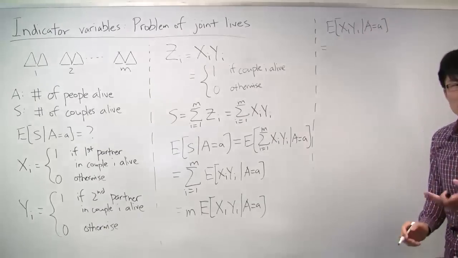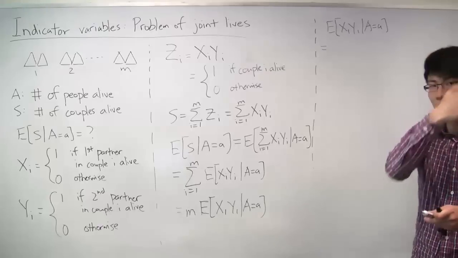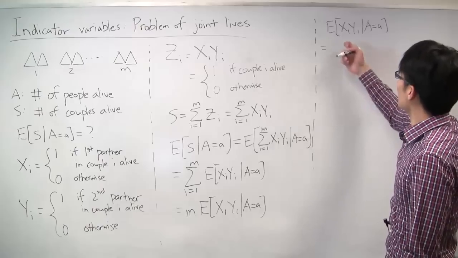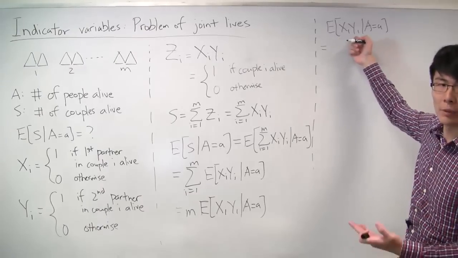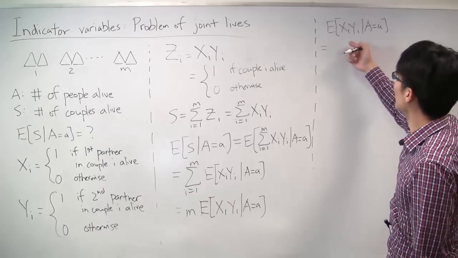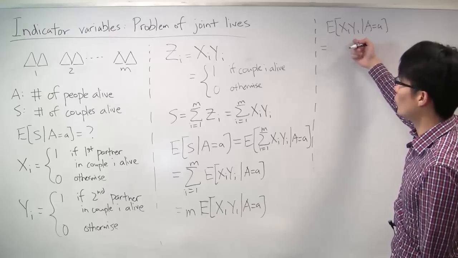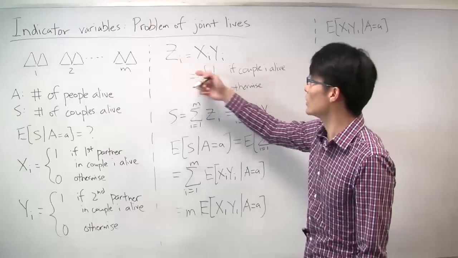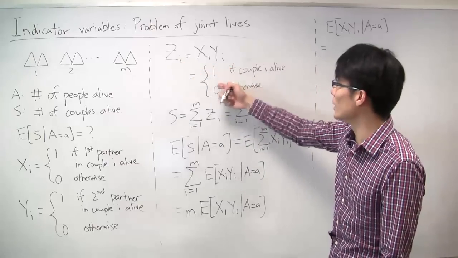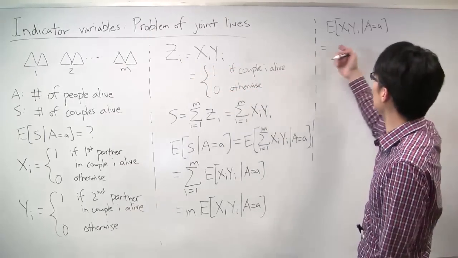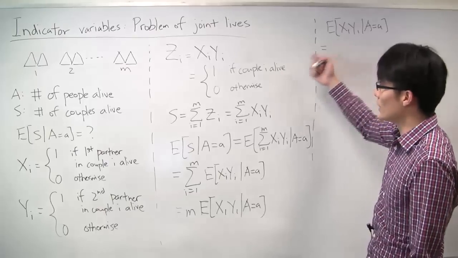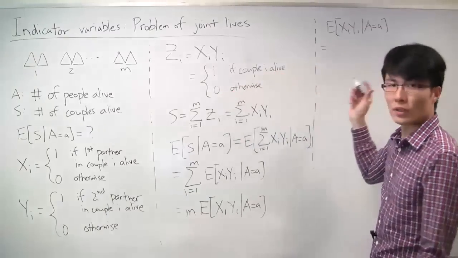Well, remember what an expectation is. An expectation is really just a weighted sum. You take the value of the random variable, and you weight it by the probability that that random variable takes on that value. Well, we know that X1 times Y1 is just Z1, which is a Bernoulli random variable, so it can only take on 2 values, either 1 or 0. And the 0 case doesn't actually factor into the expectation, because the 0 just cancels everything out.